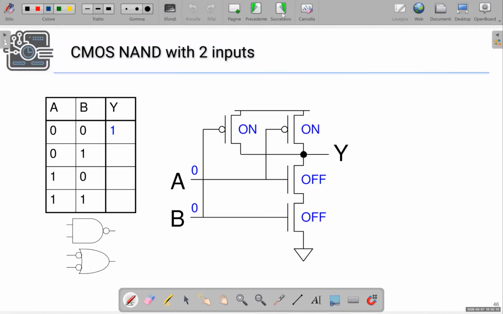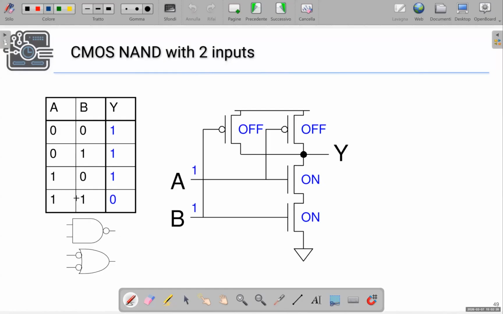When we have inputs 0, 1, we have that at least one of the PMOSes is on and one of the NMOSes is off, so the output is connected to the supply but is disconnected from ground, so the output is high. The same if we change A with B.